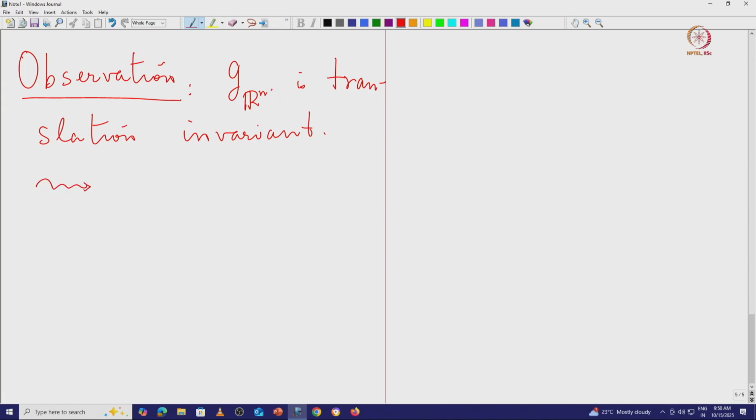So that means it will induce a metric which I will denote by G_L on this torus T_L. So let me draw a picture to explain what is really happening.